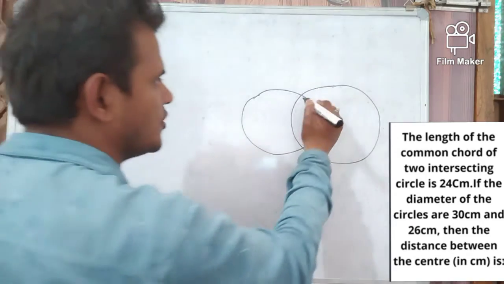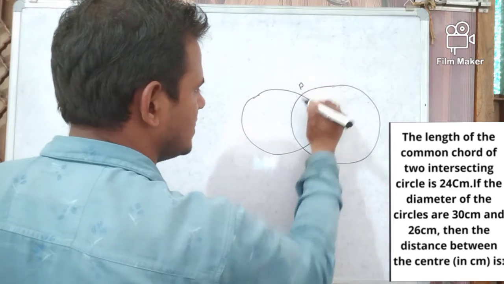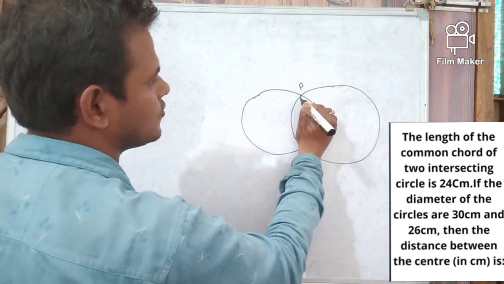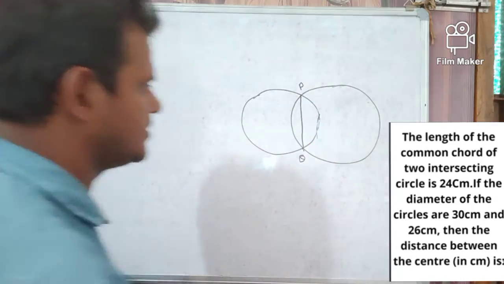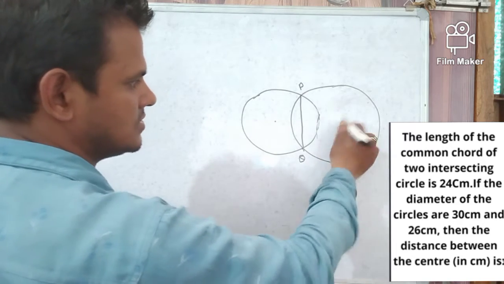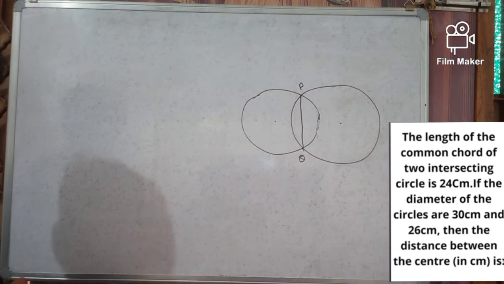So assume this point is P and this point is Q. This is a common chord, and this is the center of this circle and this is the center of this other circle. The common chord is 24 centimeter, and the diameters of the circles are 30 centimeter and 26 centimeter.